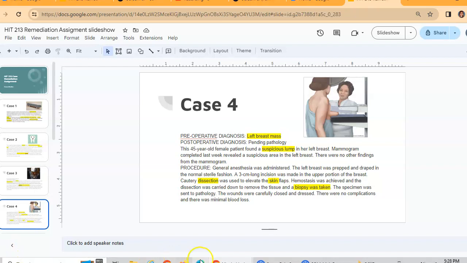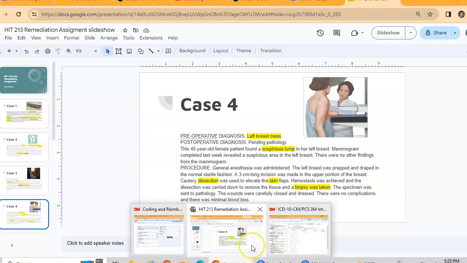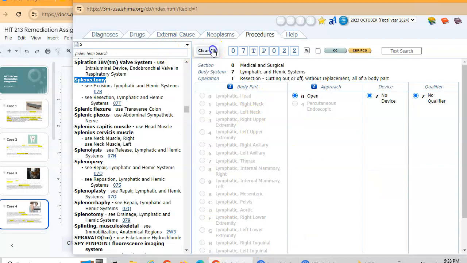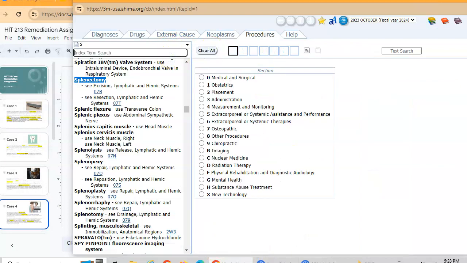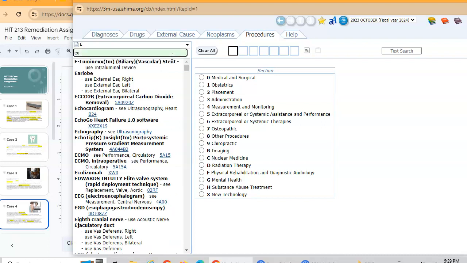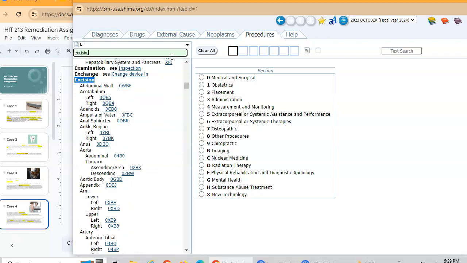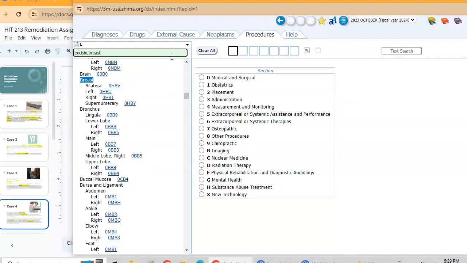In coding this one, I would choose an excision. We know that it was an excision of the breast, and we know that it was our left breast.